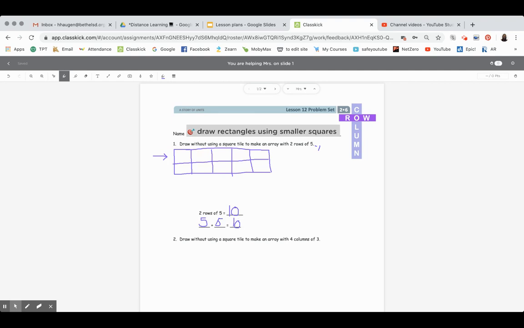Now for those of you that like the multiplication, 2 rows of 5 is the same as 2 times 5 equals 10. Again, because we organize it by rows, that's how we're going to do our repeated addition. And we use 2 rows of 5 to help us figure out the multiplication, okay?